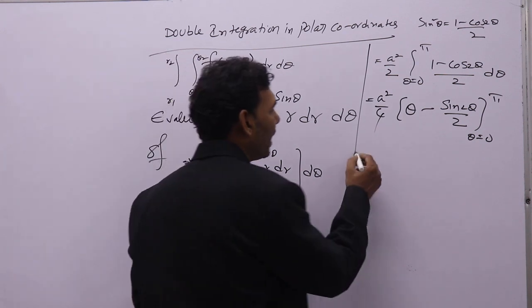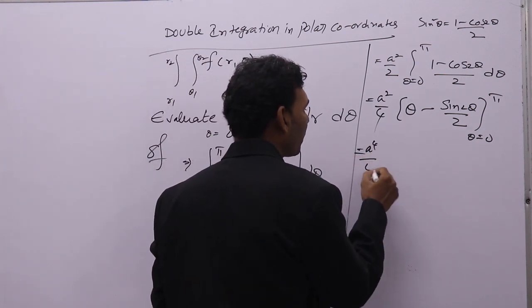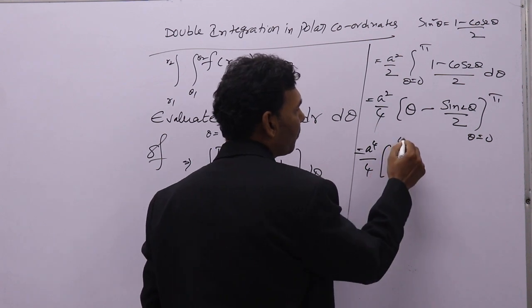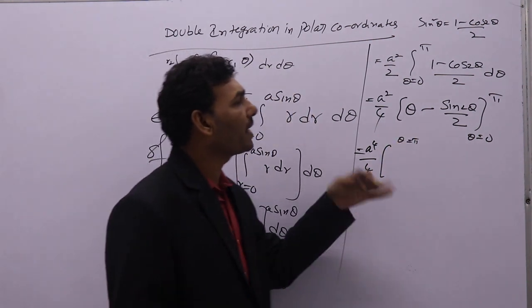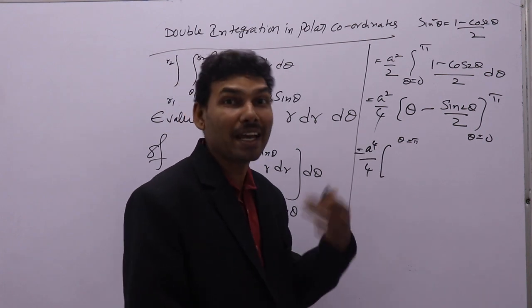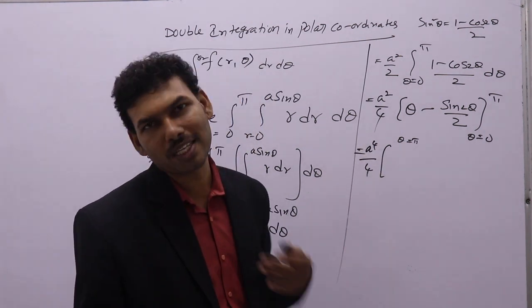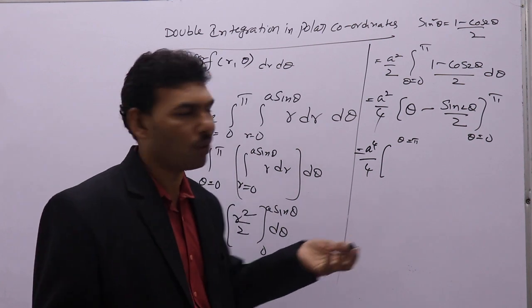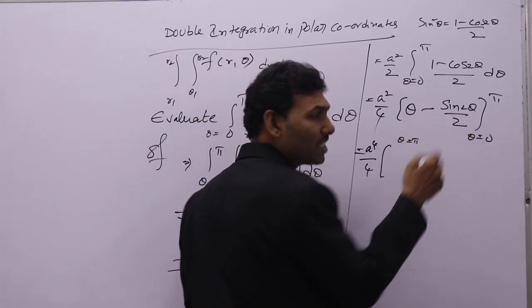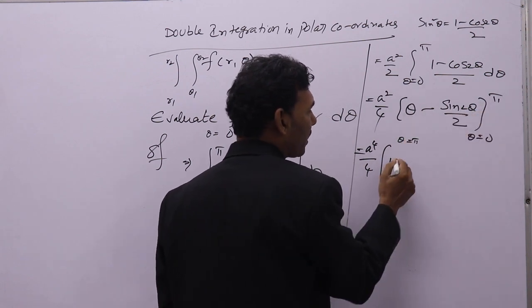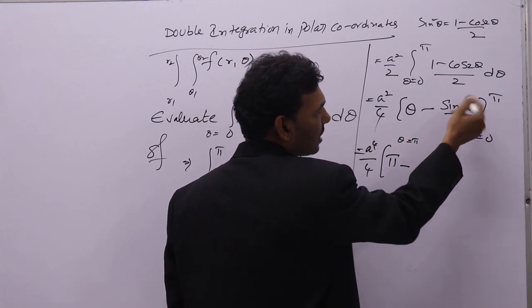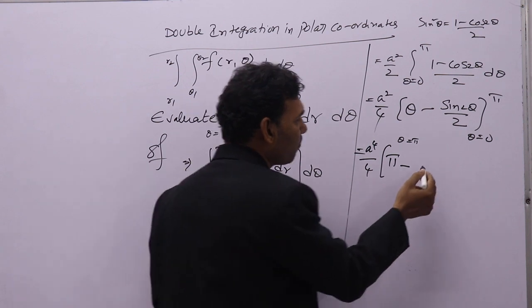Now you all know that while substituting the upper limit and lower limit, for the upper limit, if you write theta equal to pi, what happens? Sin n pi is 0: sin pi, sin 2 pi, sin 3 pi, sin 4 pi are all 0. So if you write pi in the place of theta, pi minus sin 2 pi, and sin 2 pi is 0.